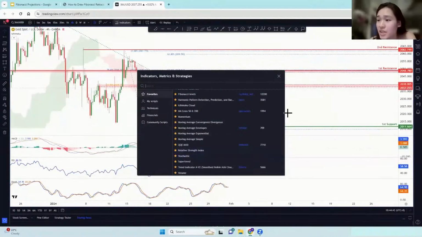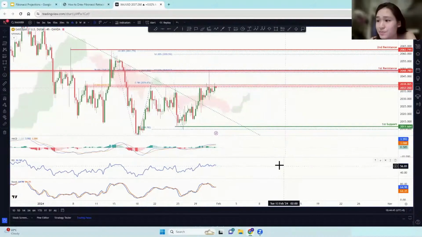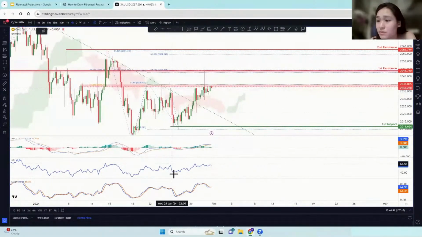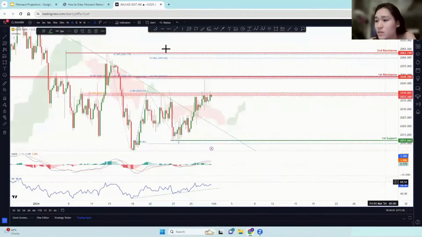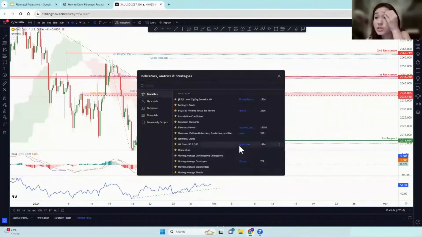Let's look at RSI and stochastic. RSI is also moving in an ascending trend line, but stochastic isn't telling us much.